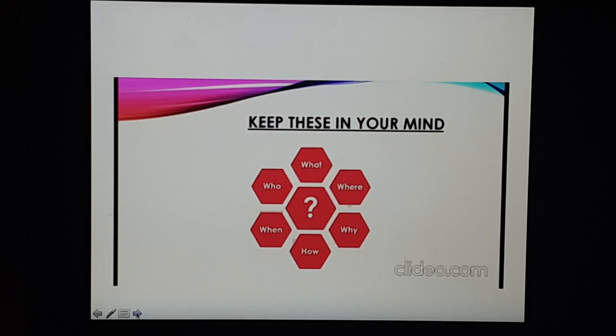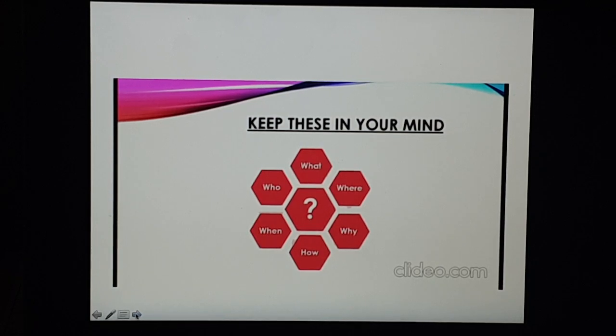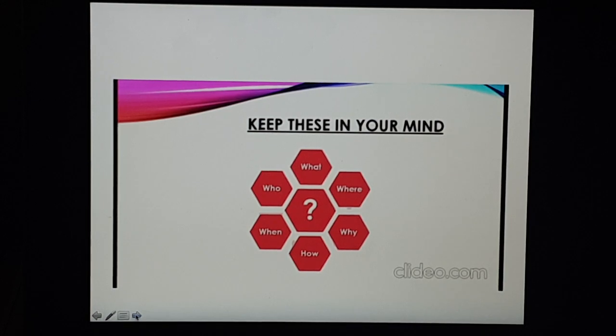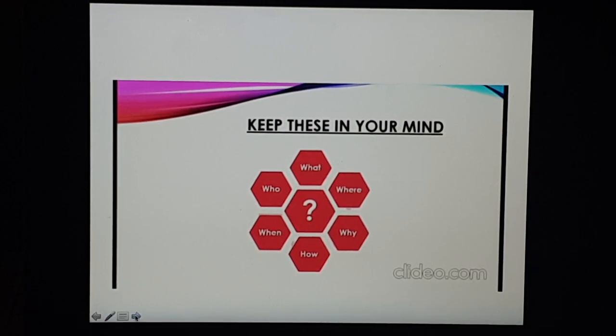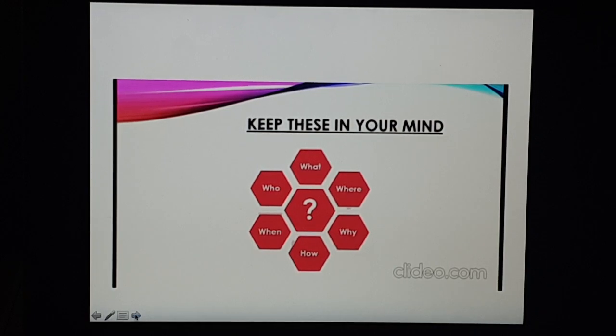Now keep these in your mind when you begin to write a story. Keep these in mind. Who are the characters, what are you going to say in the story, how you are going to plan the story. What is the main plot, the main theme of the story, and where is the location, and why, if there is a conflict in the story, why does that conflict happen, how does it start, who all are affected by that conflict, and when, the timing.